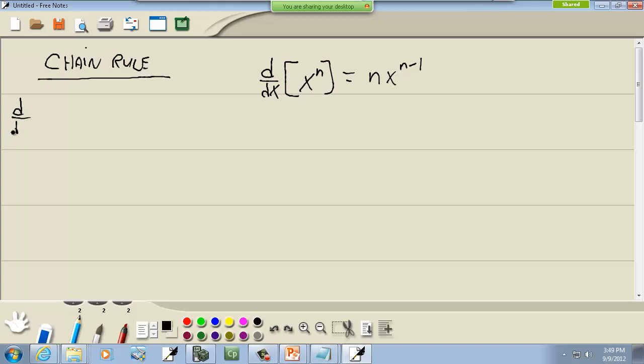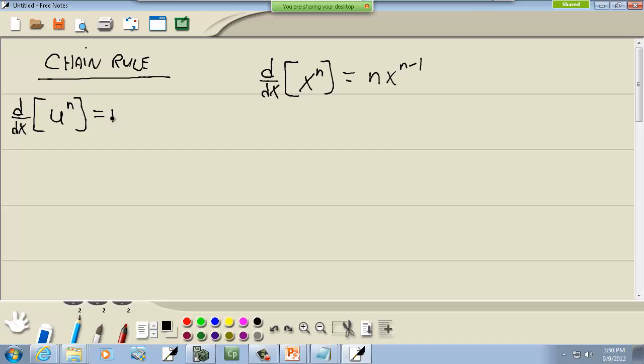But instead of just having x to a power, what if we have like x minus 3 to a power? Now the u can represent anything. It's not a single variable, but it can be anything. So if we have anything to a power, and that's pretty vague, isn't it? I mean, there are some conditions, it has to be differentiable, continuous, and all this and that, but basically you got something to a power.